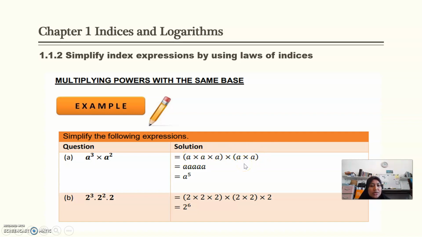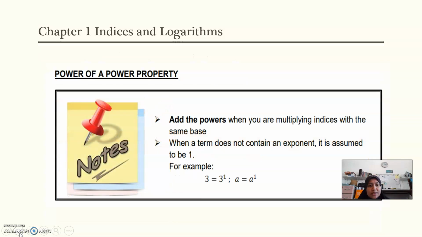If the base is the same number or variable, then we can solve the problem. If the base is not the same, we can't solve the problem.